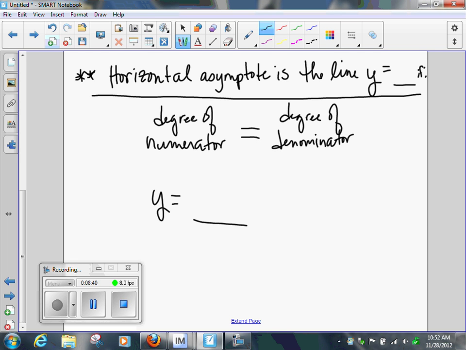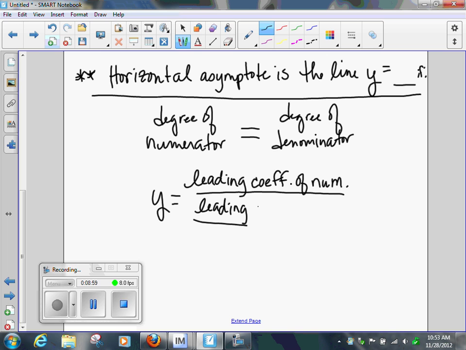We get that line from the leading coefficient of the numerator divided by the leading coefficient of the denominator.